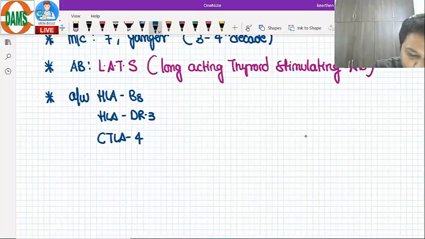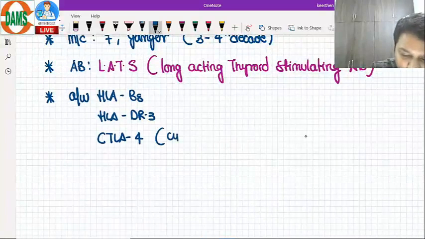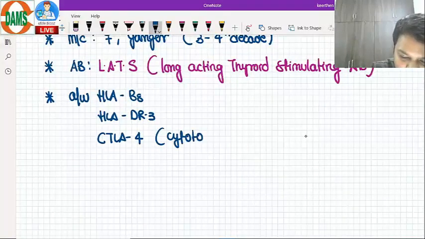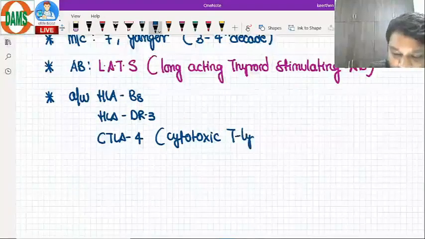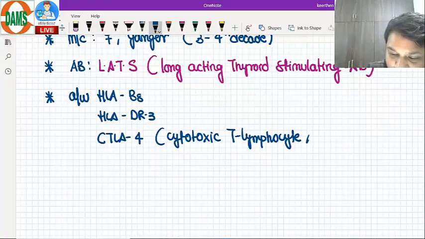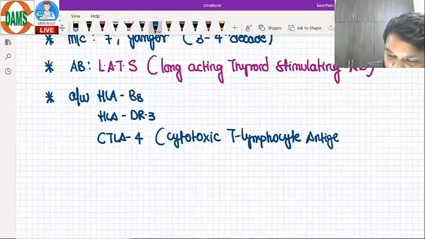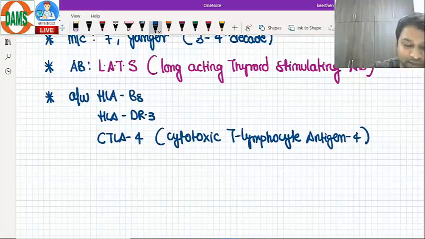CTLA-4 stands for cytotoxic T lymphocyte antigen 4.